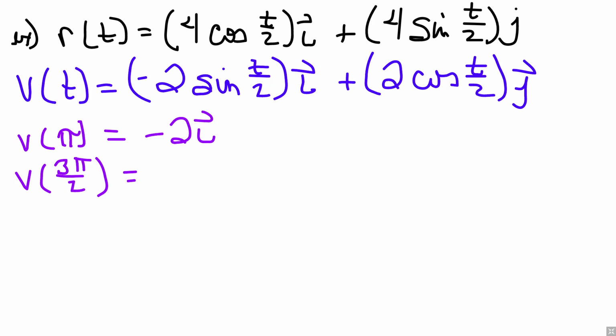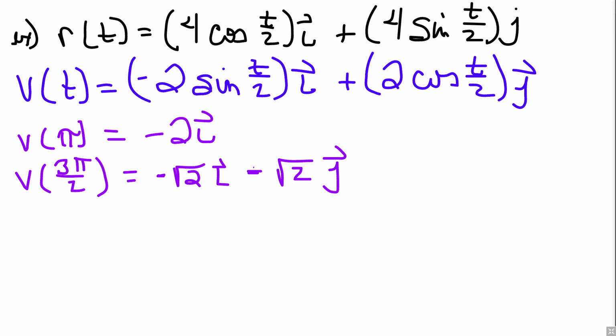And then v of 3 pi over 2 is going to end up giving us, so we're going to be dealing with the sine of 3 pi over 4. That's going to be square root of 2 over 2 times negative 2. So we're going to end up with negative square root of 2 in the i direction. Plus, then we're going to have cosine of 3 pi over 4, which is going to be negative square root of 2 over 2, times 2. So we're going to end up with minus the square root of 2 in the j direction. Okay. Any questions?